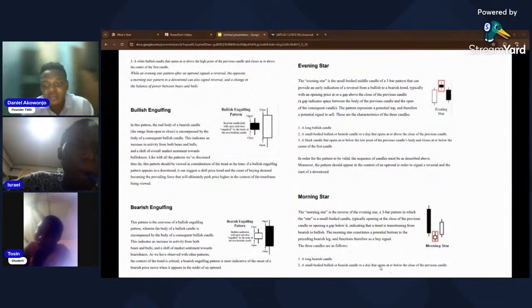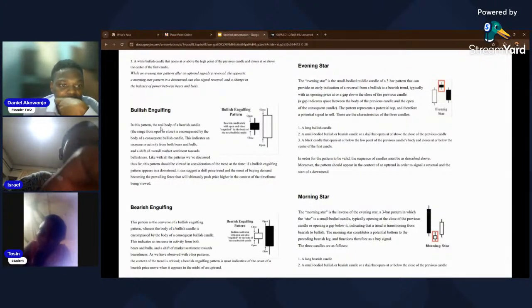So now, the next one I will talk about is the bullish engulfing. Now, in this pattern, the real body of a bearish candle is encompassed. What does encompass mean? That means one is bigger than the other. If you look at these two, you can see this candlestick, which is the bearish. Then the bullish one has a much bigger body than the bearish candlestick.